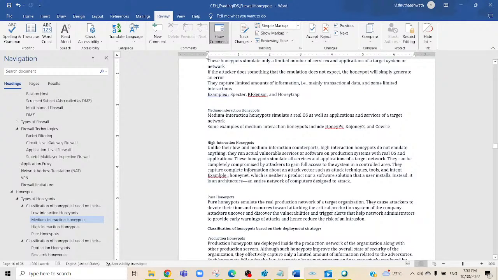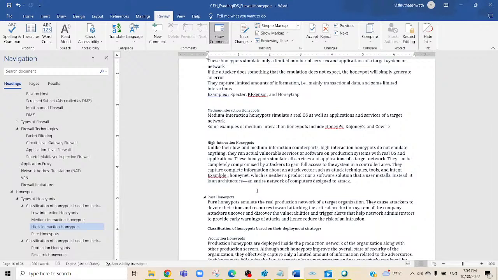High interaction honeypots. Unlike their low and medium interaction counterparts, high interaction honeypots do not emulate anything. They run actual vulnerable services or software on production systems with real OS and applications. These honeypots simulate all services and applications of a target network.